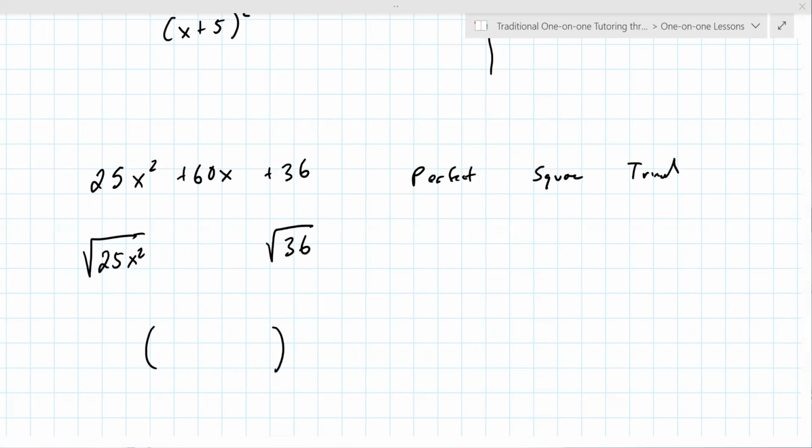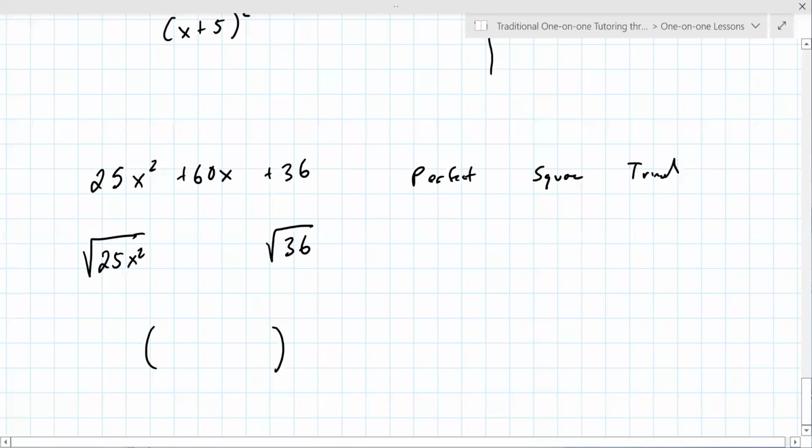Can you tell me what goes in parentheses? Is it just 5x plus 6? Yeah. Okay.